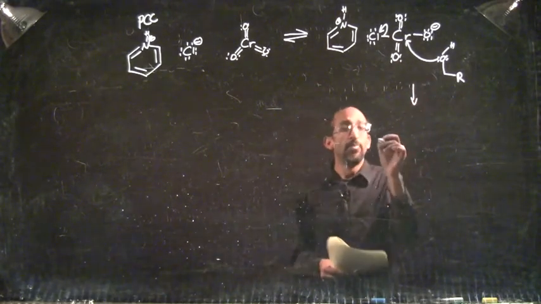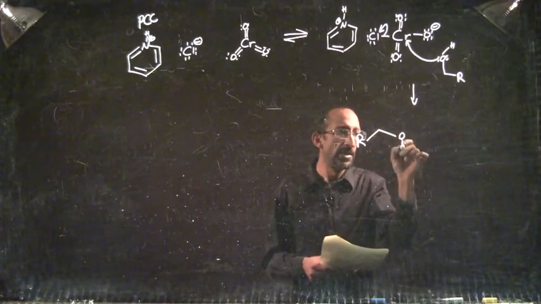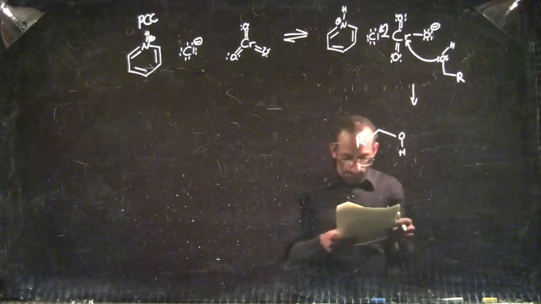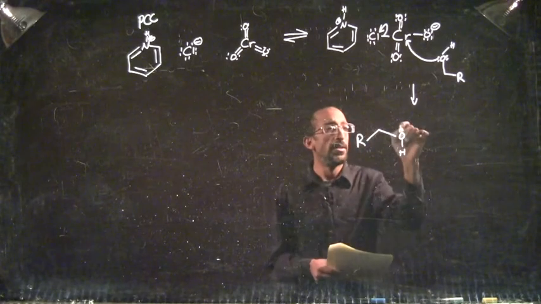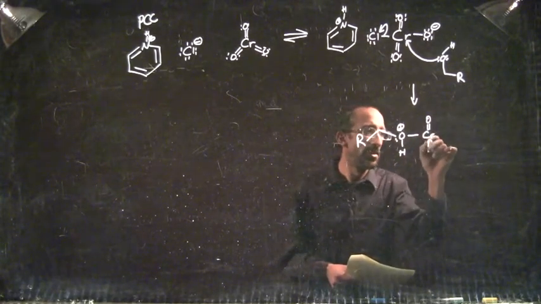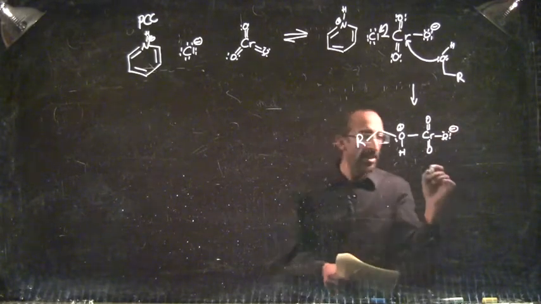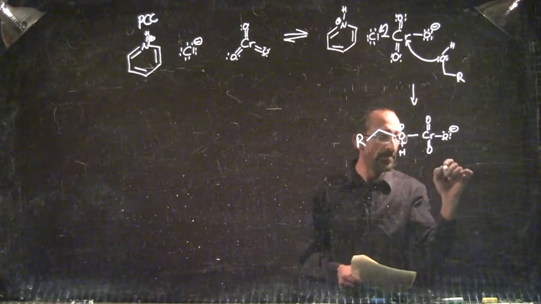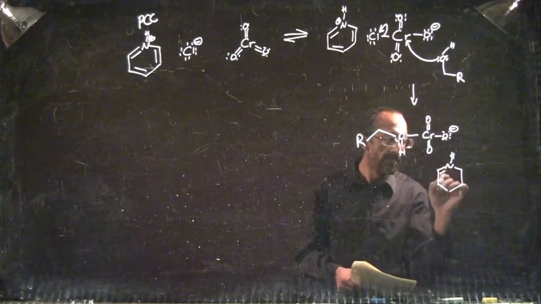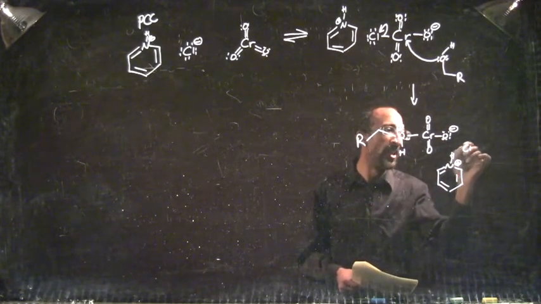From there, we have this intermediate. We have our pyridine, or I should say more appropriately, our pyridinium, and we have our Cl- still.